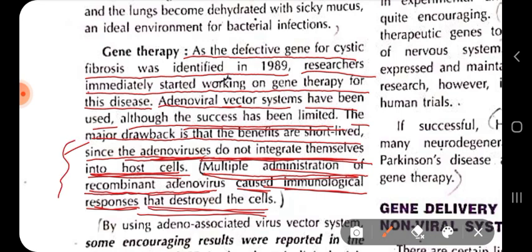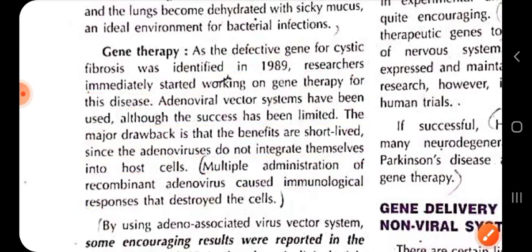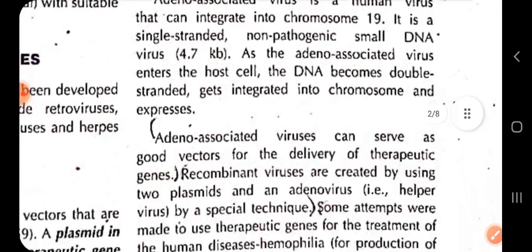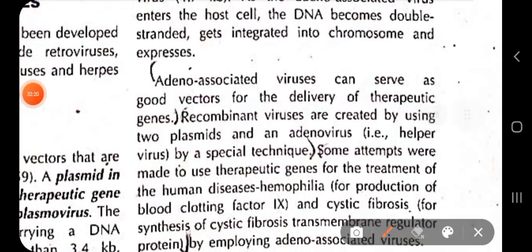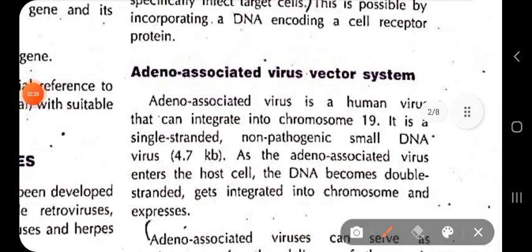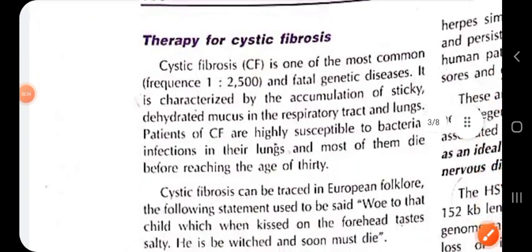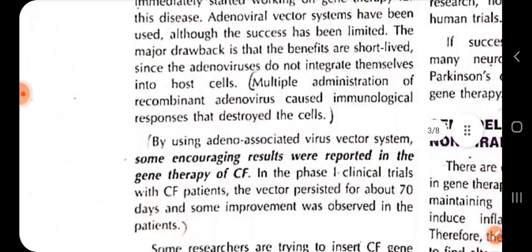Thus, adenovirus is not employed in this way, and that is the main reason that why we use adeno associated virus, because we have seen a little bit ago that adeno associated virus are non pathogenic, right? They are non pathogenic. It has been mentioned here. They are non pathogenic small DNA virus which can be used for treatment of cystic fibrosis.